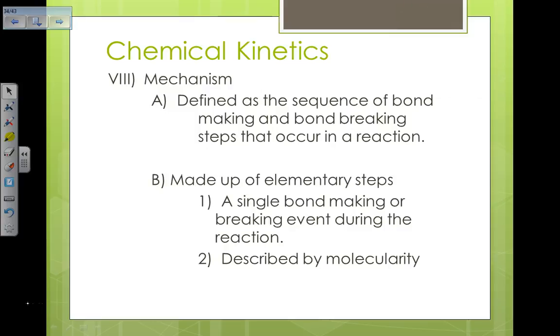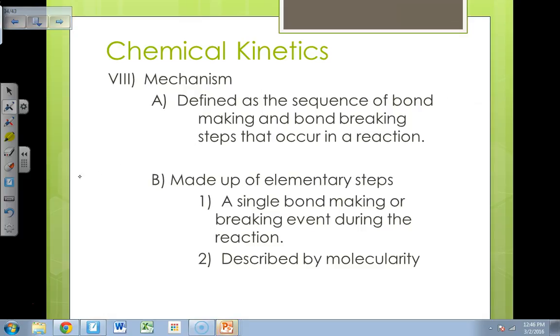Hey everybody, this video is designed to give you some insight into what a mechanism is and how we can determine the mechanism of a chemical reaction. So the mechanism is all the steps in a chemical reaction that happen between the reactants and the products.